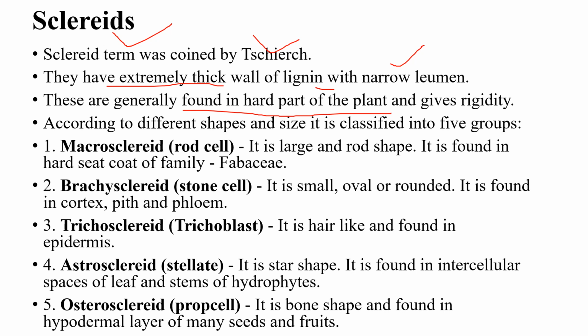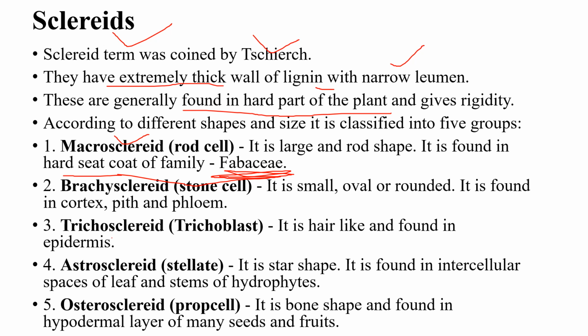What is macrosclereid? It is large, rod shaped, and found in the hard seed coat of the family Fabaceae, or Leguminosae. In Fabaceae and Leguminosae plants, these rod cells or macrosclereids are present in their hard seed coat. Then brachysclereids, stone cells, are found in cortex, pith and phloem.